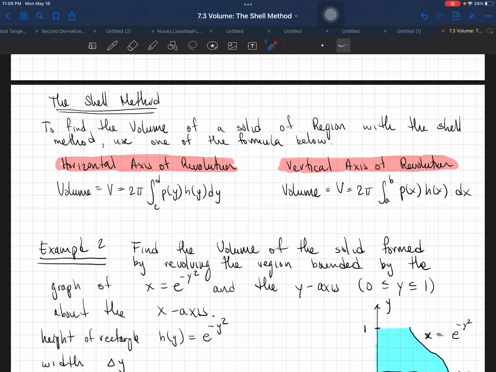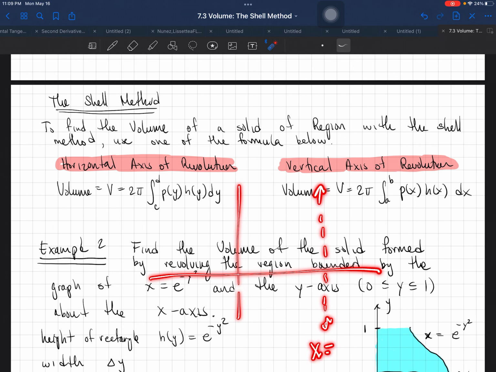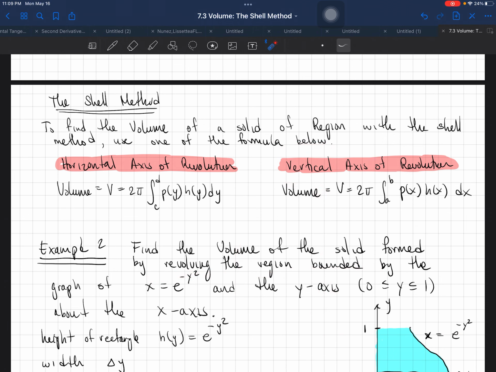Because we could actually have a problem where the axis of rotation is vertical, but it happens, let's say, at x equals 4, right? So we're rotating on this axis. It is still vertical, but it's no longer the y-axis. I hope that kind of makes sense.